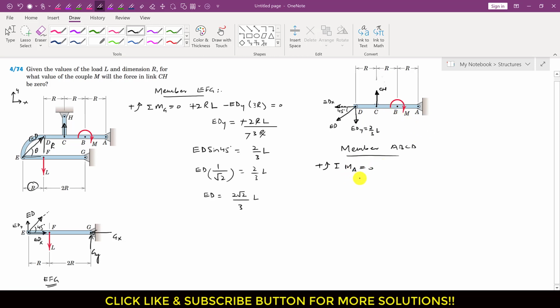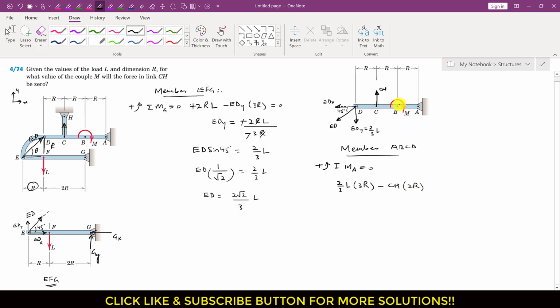So I will write EDY, which is 2 divided by 3L, and the perpendicular distance of this EDY from point A is 3R, so I will multiply this with 3R. Similarly, this CH is producing the clockwise moment about point A, so I will write minus CH, and the perpendicular distance of CH from point A is 2R.